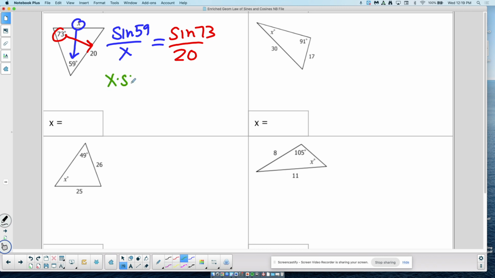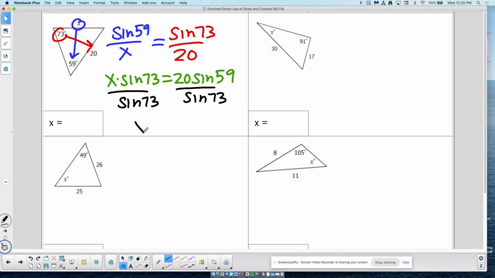X times the sine of 73 equals 20 sine 59. Want to get x by itself, divide by sine of 73. X equals 17.92, which is just what, folks? 17.9?